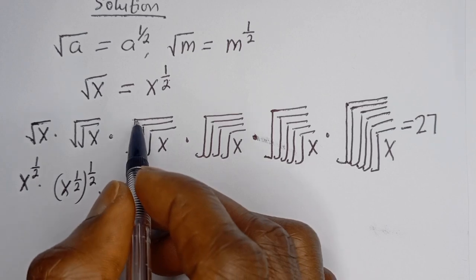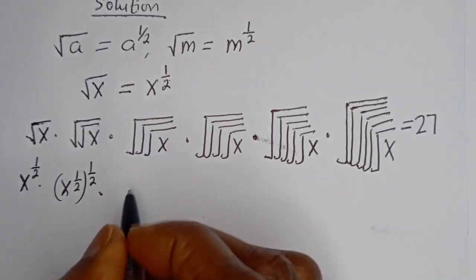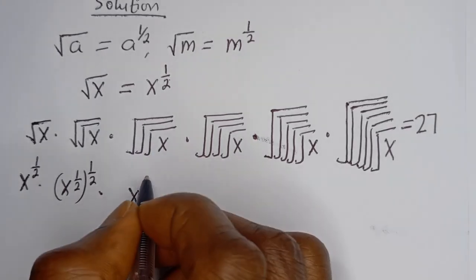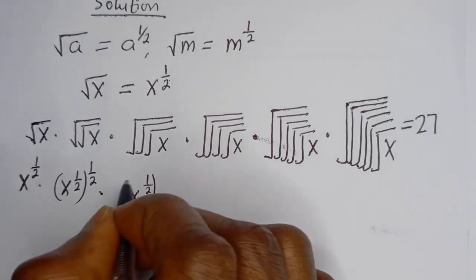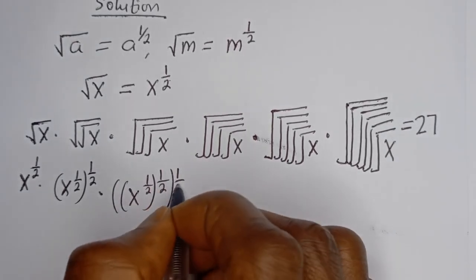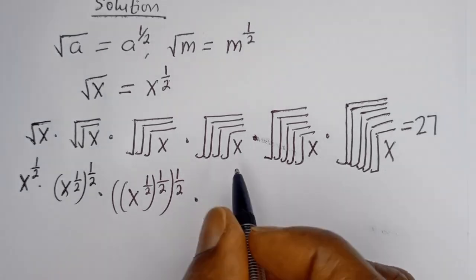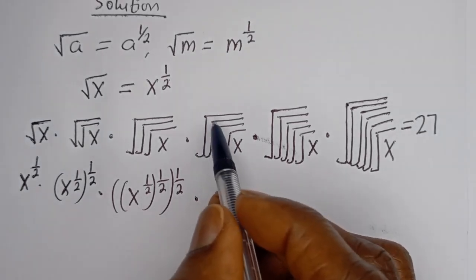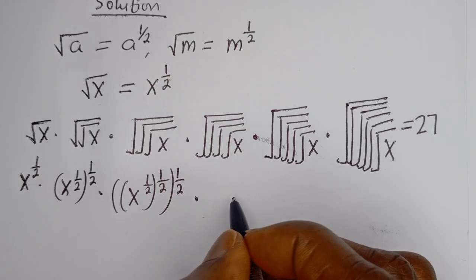How many square roots? 1, 2, 3. Then this is s to the power of 1 over 2 to the power of 1 over 2 to the power of 1 over 2, multiplied by this, with 4 square roots.